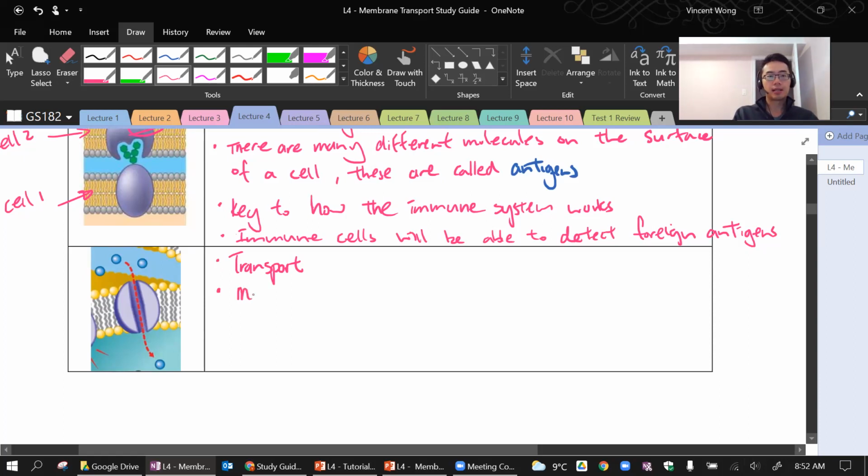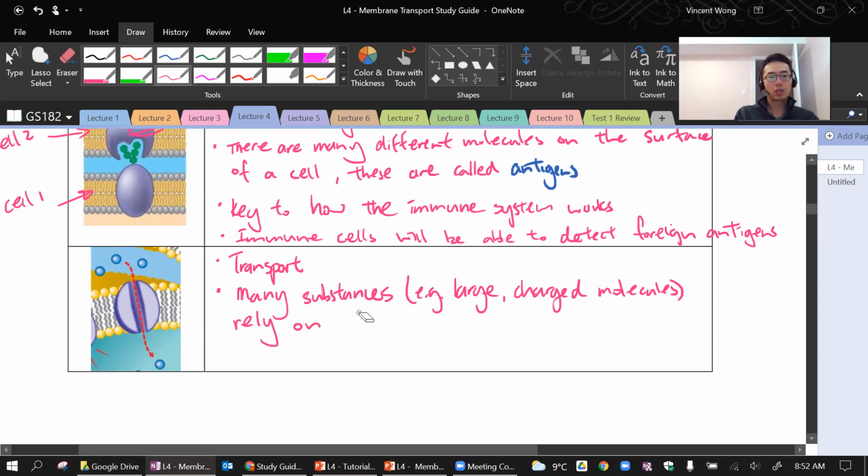So many substances, for example, large particles and charged molecules, rely on membrane proteins, specifically integral proteins, to move across the cell membrane. We talked about that at the beginning.